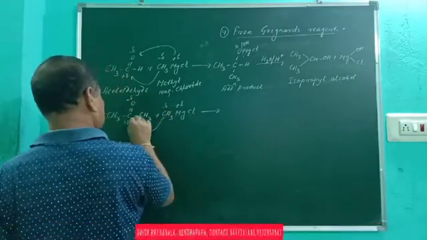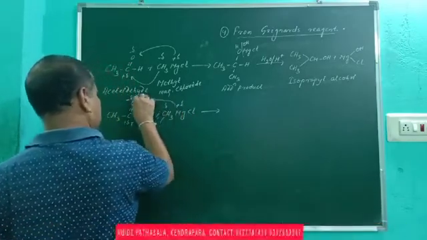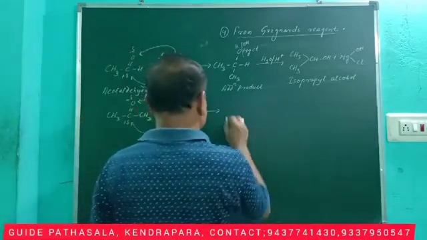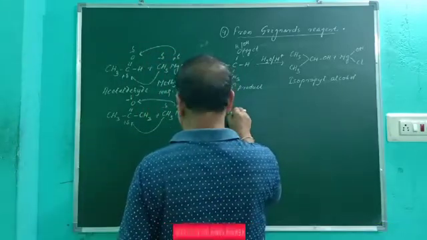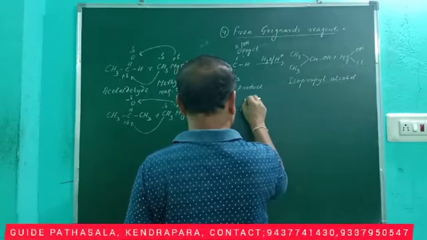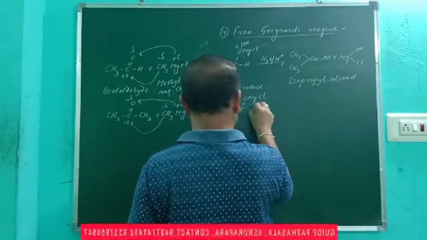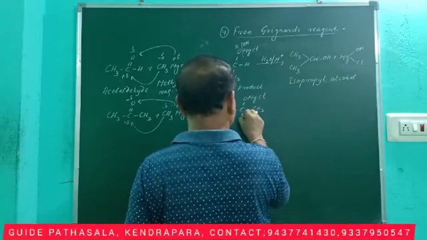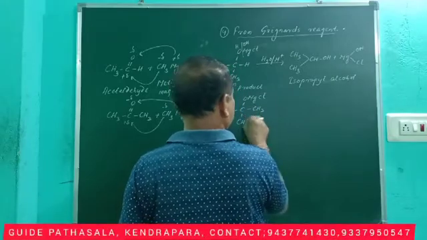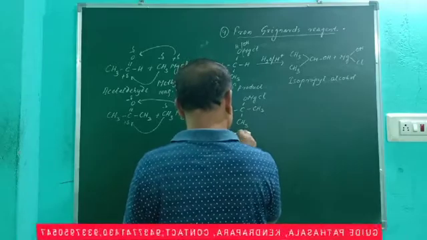The negative part comes to the carbon, and the positive part comes to the oxygen atom. As a result, the addition product is CH3, single bond, C, OMgCl, with CH3 here and CH3 here. It is an addition product.